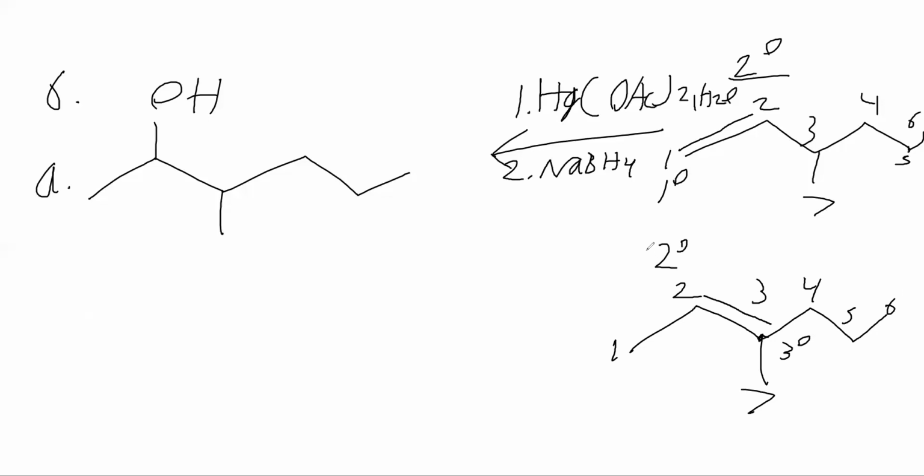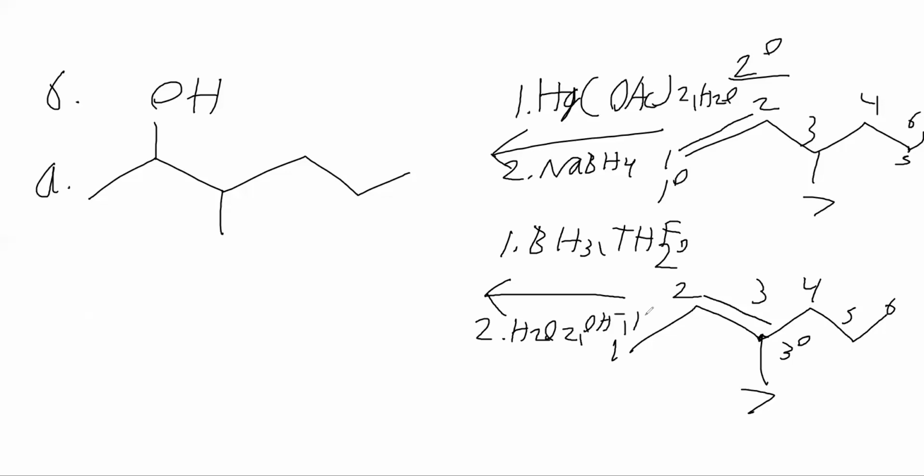So we want the anti-Markovnikov product. And in order to get that, you have to use BH3, like I pointed out in the last problem. So BH3 and then H2O2, OH minus, and water give you the anti-Markovnikov alcohol. So this is two ways that we could get this product.